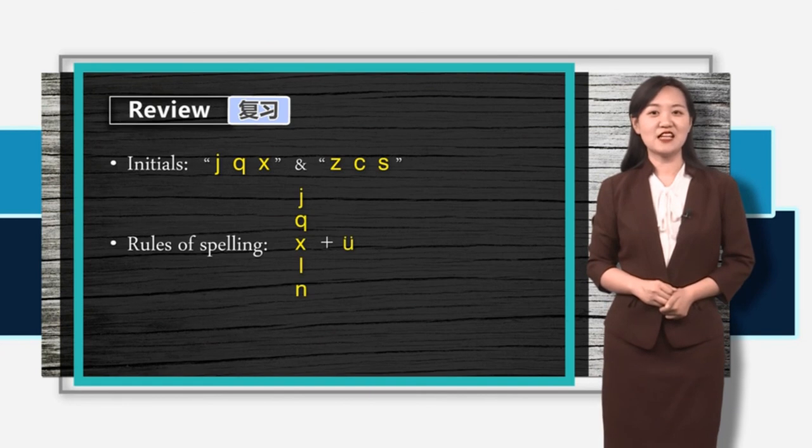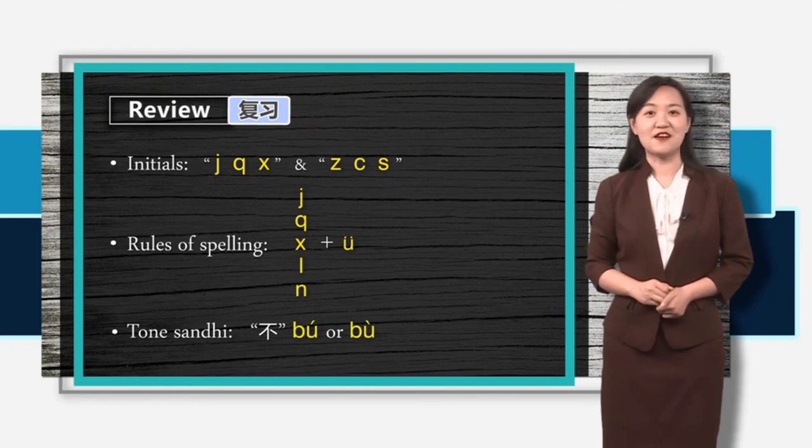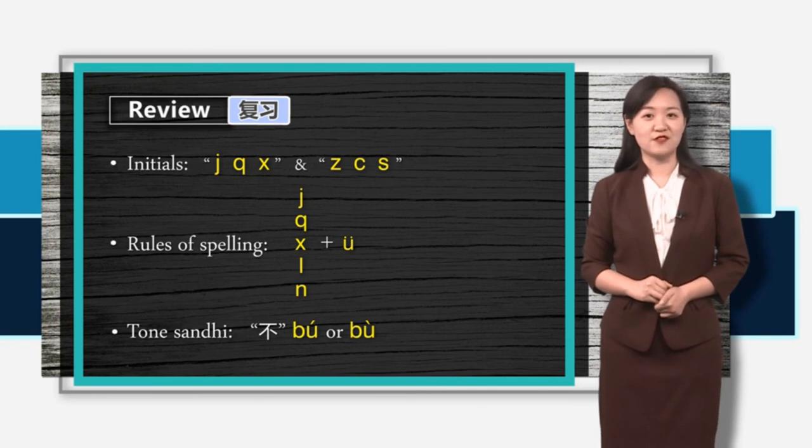We have also learned how to write the final ü after initials. Last but not the least, we have learned how to judge the tone of 不 when followed by another syllable.